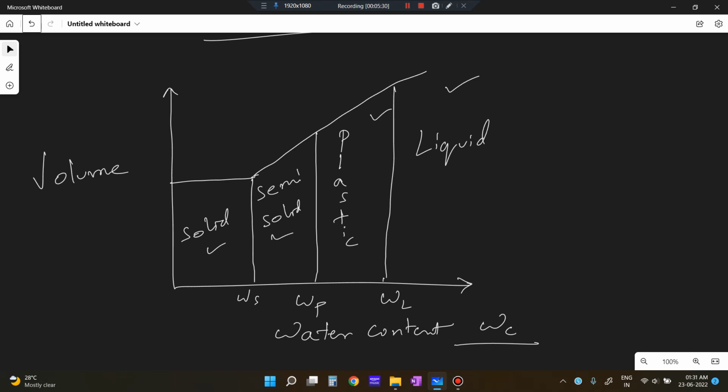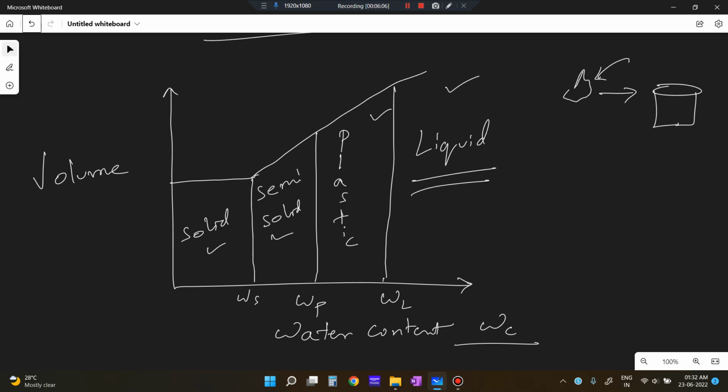We can say that the resulting soil suspension is in liquid state, because it will offer no resistance to flow. In other words, the resulting soil suspension has no shear strength. So that means it is in liquid state.